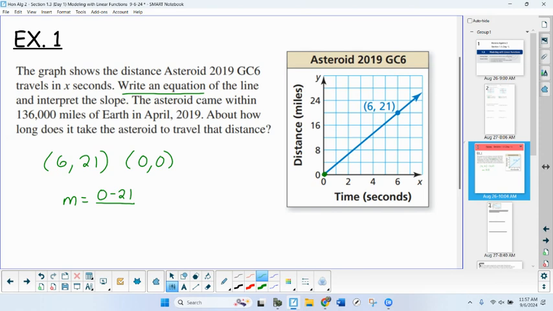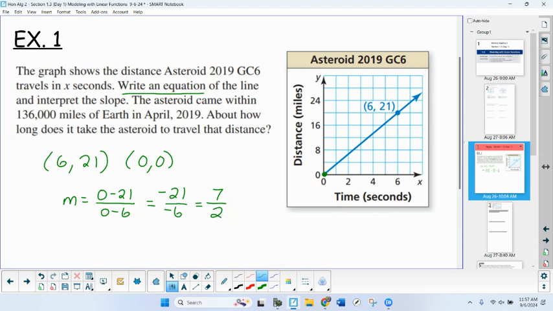What's 0 minus 21? Negative 21. Over what? Negative 6. Now, let's reduce this fraction. A negative over a negative is a positive. And 3 will go into 21 how many times? 7. And into 6? 2.